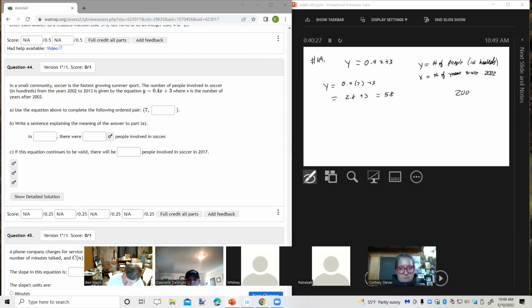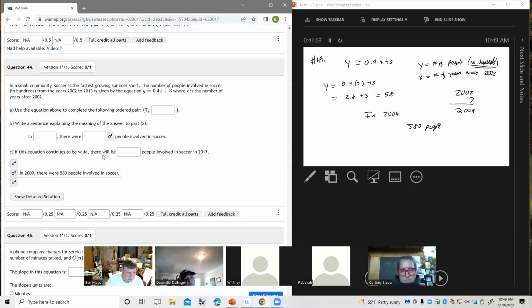So 2002 plus 7 would be 2009. So in 2009, there were 5.8 hundreds. So in 2009, there were 580 people, because 5.8 times 100. So in 2009, there were 580 people involved in soccer.